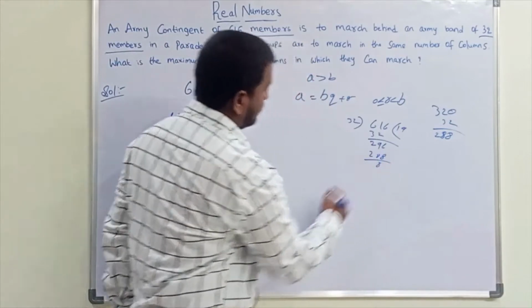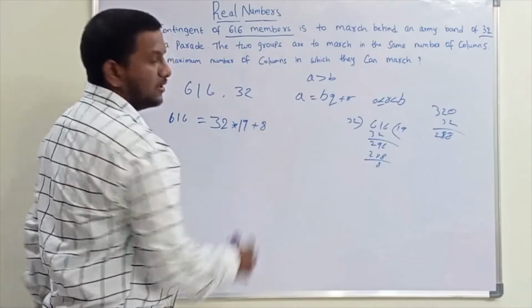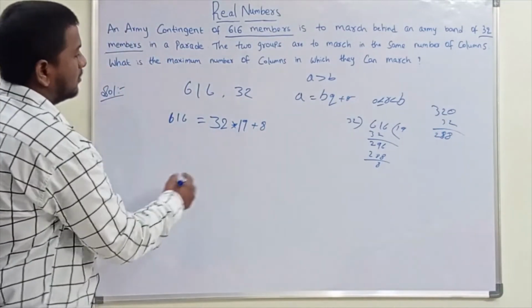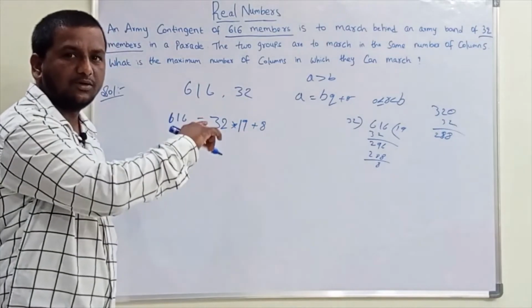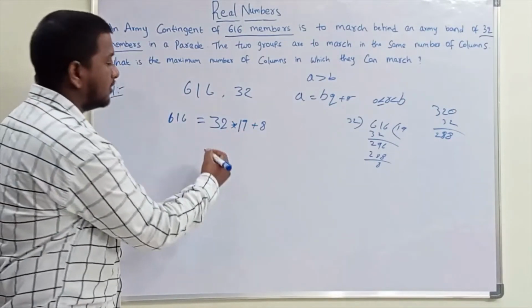So the remainder is 8. So 32 times 19 plus 8. The remainder is 8. Now is the remainder 0, as per Euclid's division algorithm, if you remember? The remainder is not 0, so again we have to continue the process.